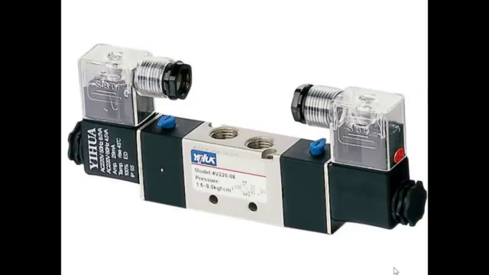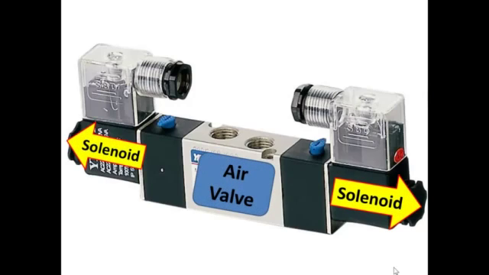It's basically a rod that has grooves in it, and as the two solenoids pull the rod back and forth, it connects chambers between the ports. You can see two of the ports on the top of this valve where you thread in the fittings. So you have two solenoids that can pull the spool in opposite directions, and this makes up an air valve.